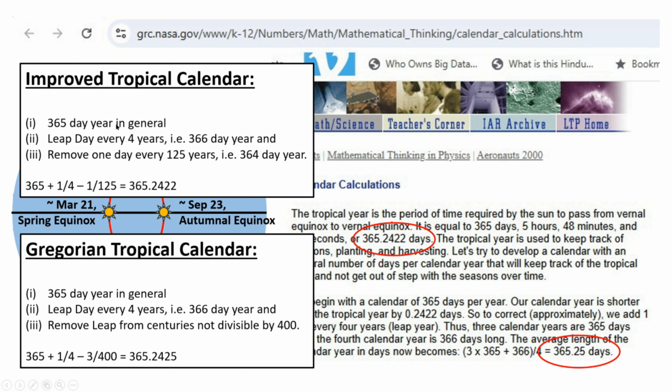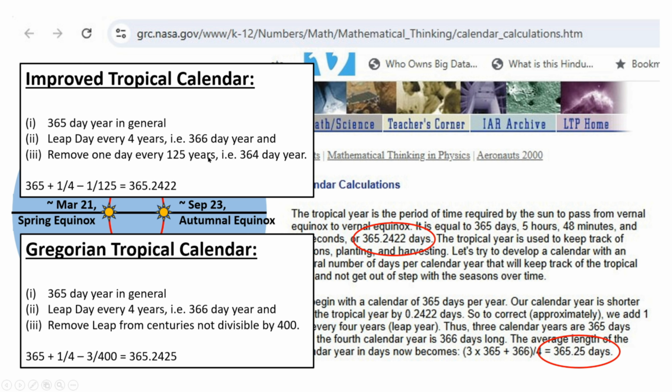So this is 365 days in general. Every 4 years 366, and every 125 years only 364. So we're not checking whether it's divisible by 100 or 400, things like that. We'll have to check only two things, whether it's divisible by 4 or whether it's divisible by 125. So in a sense, it's a slightly simpler algorithm than this.